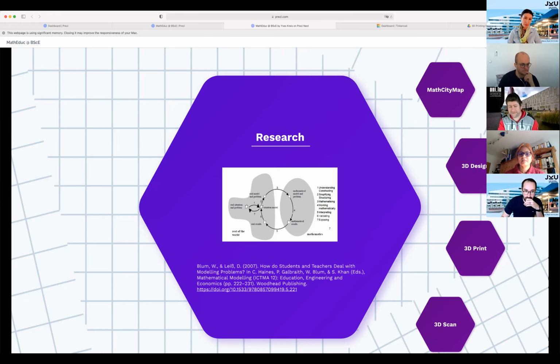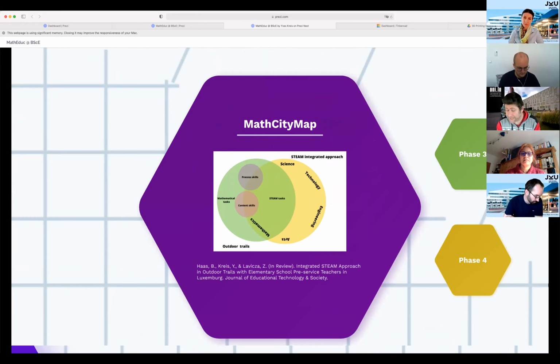We are doing this in two different main topics. I will just talk quite quickly about Math City Map, because in the title I focused on 3D. Nevertheless, I want to mention that in Math City Map, developed at the Goethe University in Frankfurt, where Gregor is coming from, you have the possibility to develop different tasks.